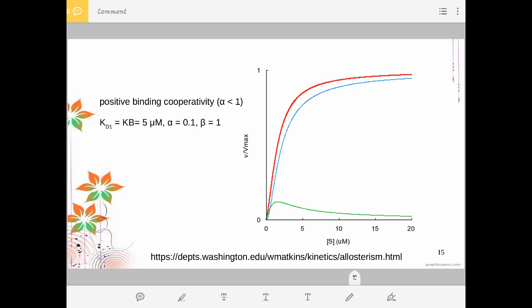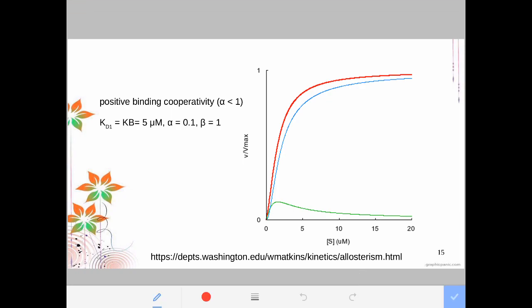The binding of one substrate increases the binding of the next substrate. So again, we choose an arbitrary value, 5 micromolar, same as the first graph, and then you have alpha less than 1. So let's put it at 0.1. That means your substrate increases the binding of the next substrate by a factor of 10.